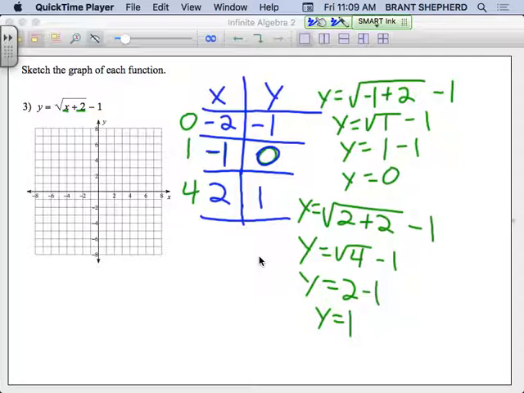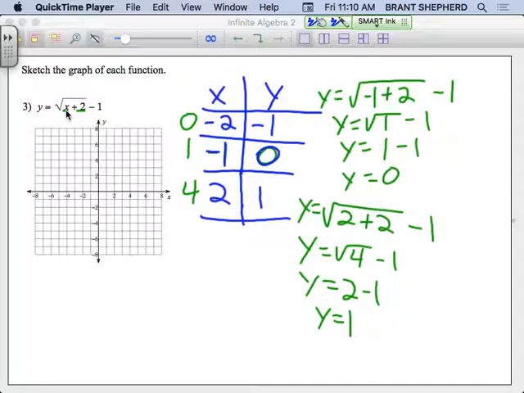So again, all I've done for my starting point, I've tried to pick out what I could put in for x to give me 0 underneath the radical. If I put in -2 for x here, -2 plus 2 is 0, so that gives me 0 under the radical. For my next point, I've thought of what could give me my next perfect square after 0, which is 1. 1's a perfect square.